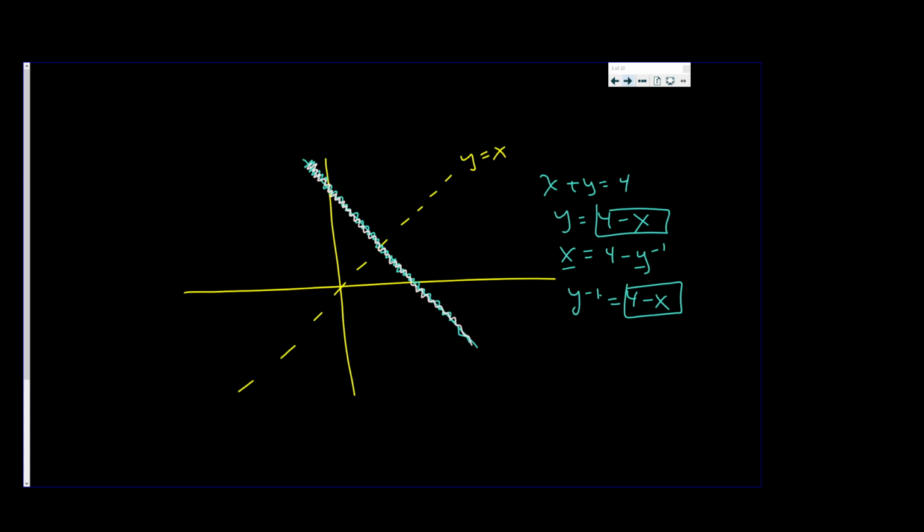That is, it is its own inverse. And of course, the inverse of y equal x would be y equal x. Okay. This completes the section on inverse functions.